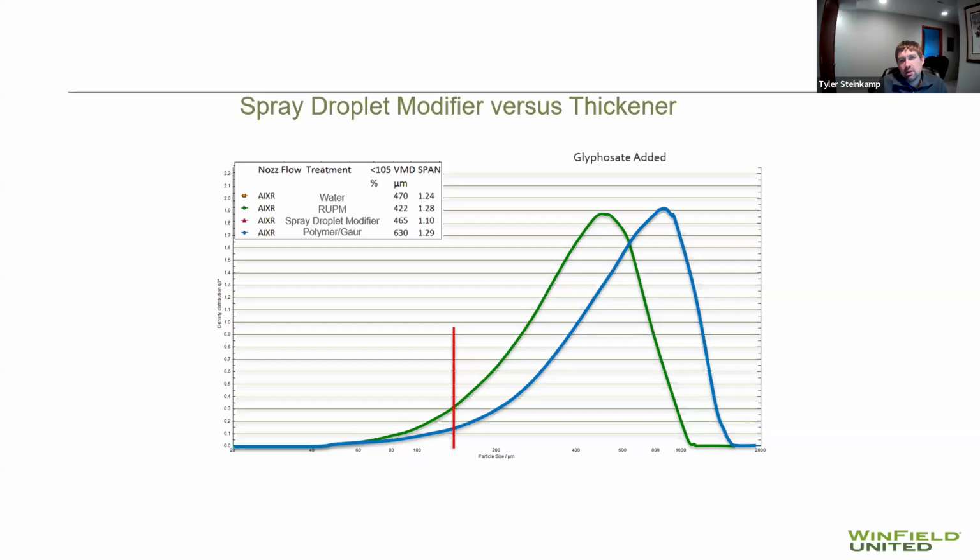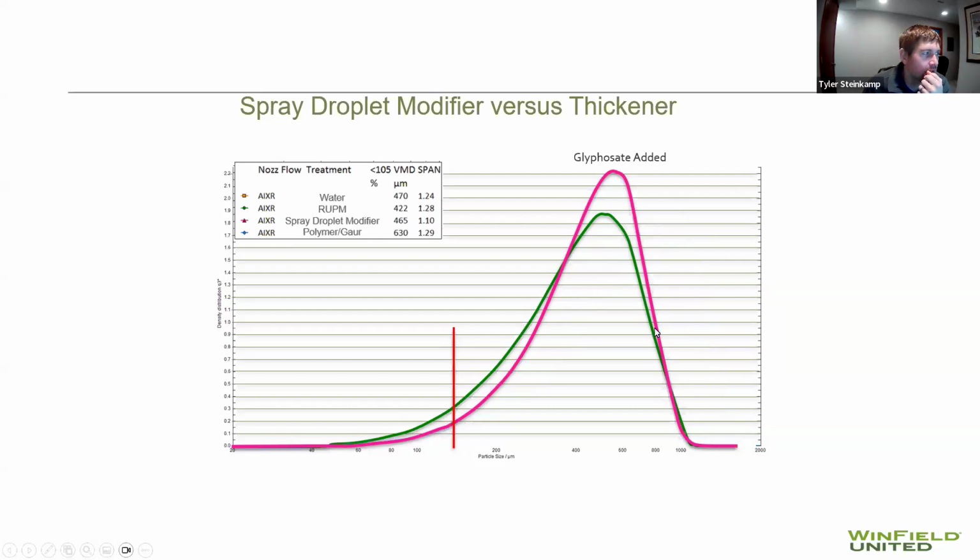So our general recommendation within Winfield United is that when we can, we prefer to use a spray droplet modifier. So things like, for example, Interlock, Strike Lock, Master Lock, Power Lock, AccuDrop, all of those products, instead of dramatically increasing the droplet size, they actually pull that span in a little bit more so that we get more consistent droplet size.